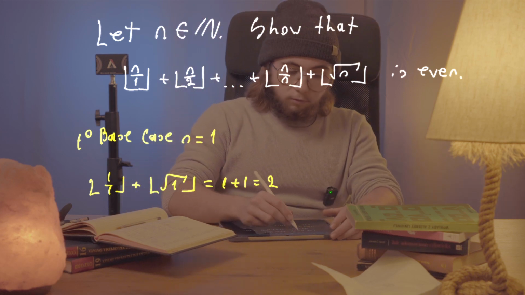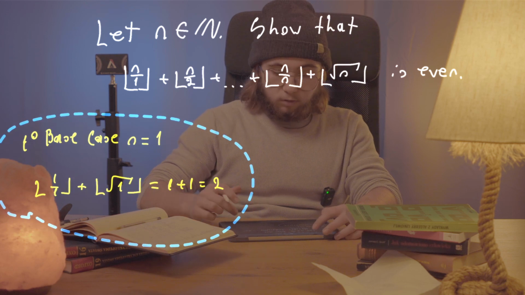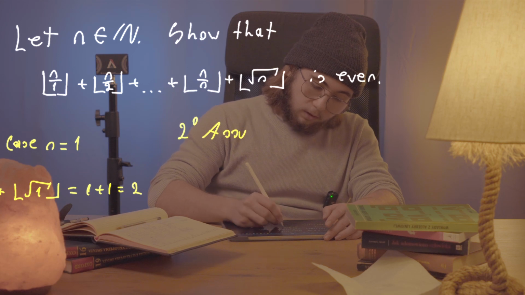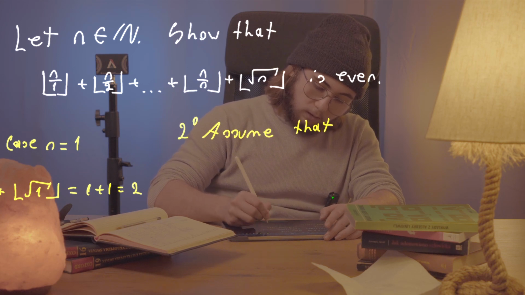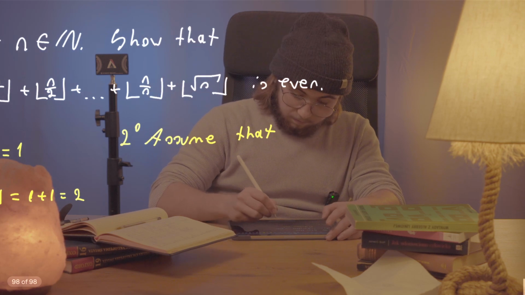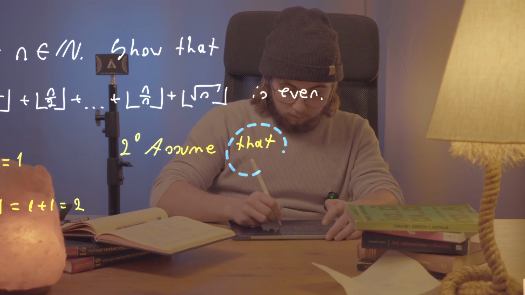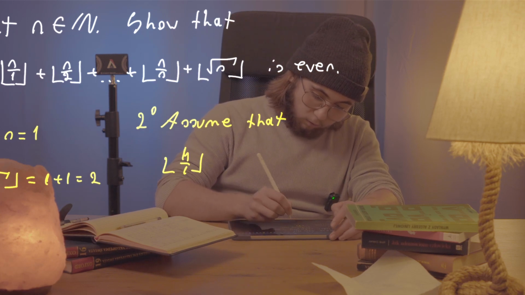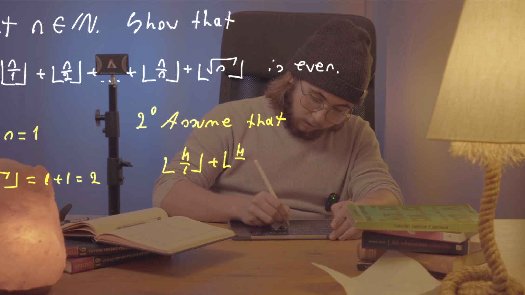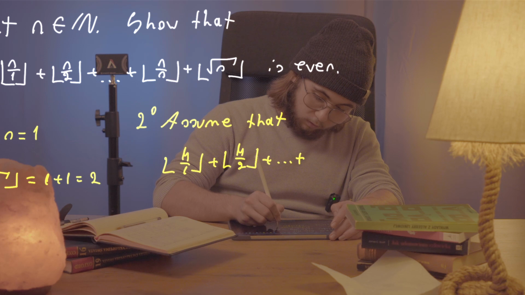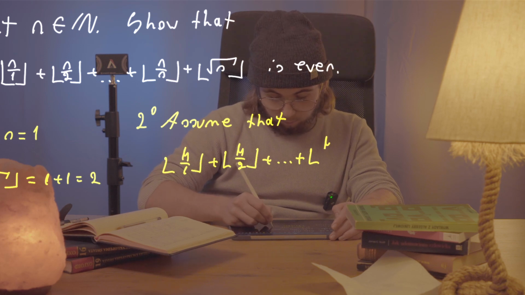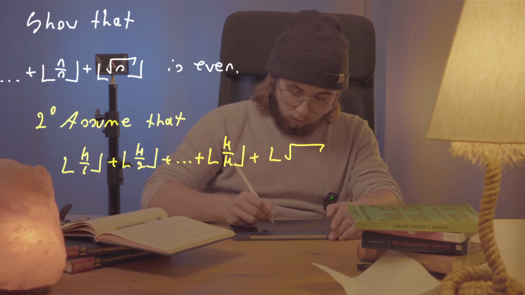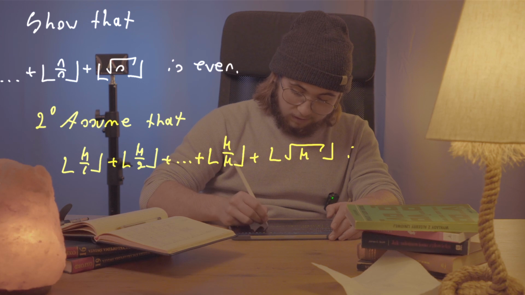Awesome. So now for the inductive assumption, what are we supposed to assume? Well, for the second step, assume that there will be a k such that the floor of k over 1 plus the floor of k over 2 plus a bunch of dots, I'm going to be summing stuff until we get to the floor of k over k, and then plus that lovely floor of the square root of k is even.